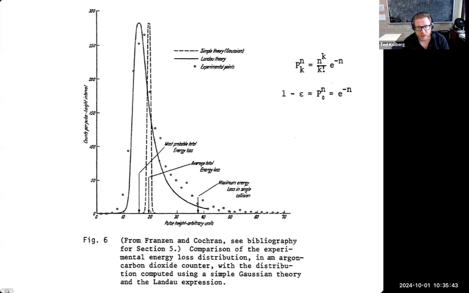That means that a single measurement by a few millimeter thick chamber is not going to be sufficient to make a dE/dx measurement, because you see that we can measure 50 units of charge from one event, 10 units of charge from the next event, but those are from the same initial particle species and energy.